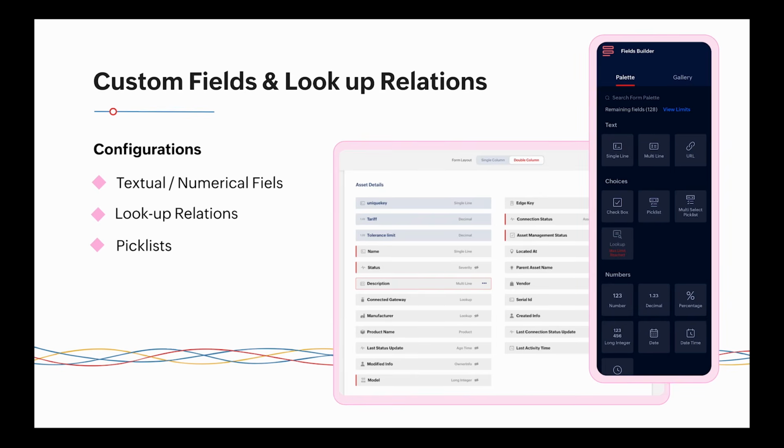This is similar to Zoho CRM or Creator, where we provide a custom drag and droppable field builder, where you can drag a single line, multi-line, a pick list, checkbox, numerical, decimal, section, new sections, and a date field. And you can also create lookup relations between one module to another module. So this enables you to set up custom relationships between multiple assets or devices.